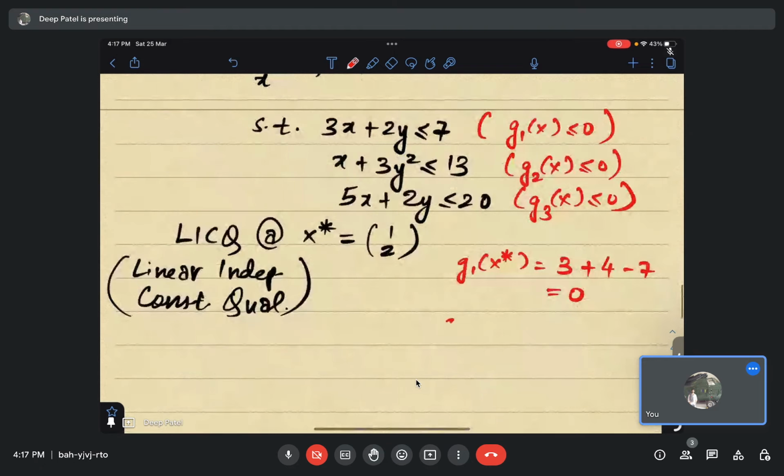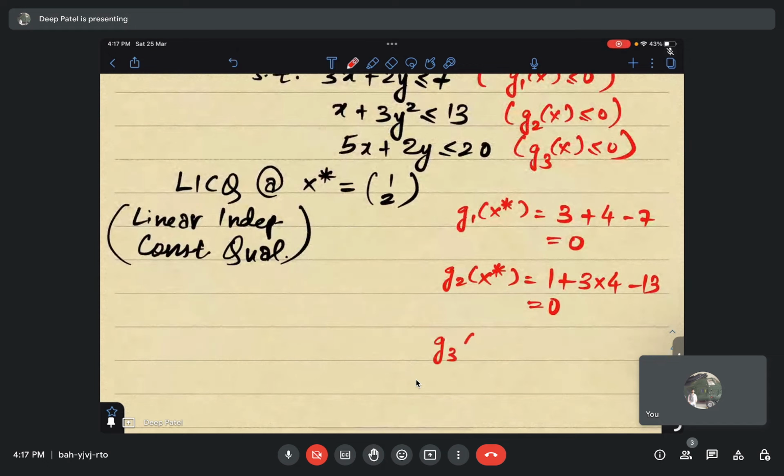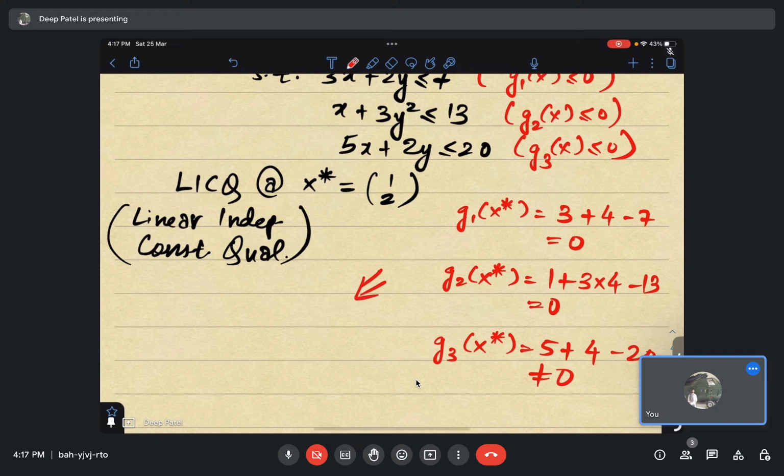What about g2? 1 plus 12 minus 13 equals 0. That is also active. And g3 is not active, because 4 minus 20 is not 0. This implies the active sets are 1 and 2.